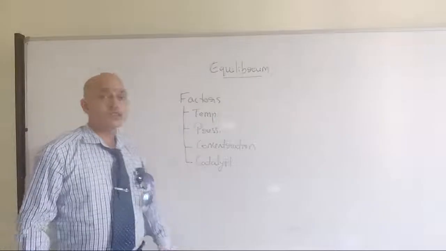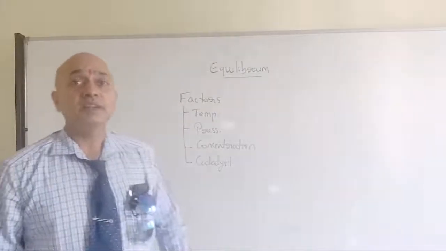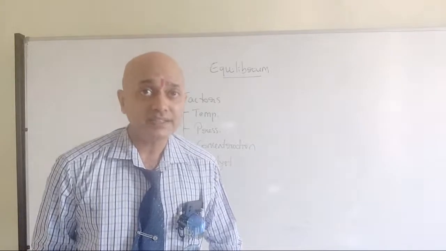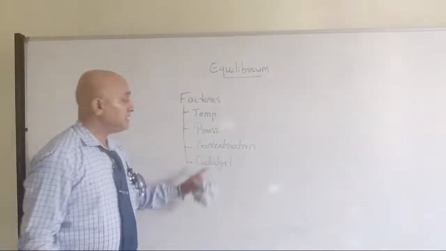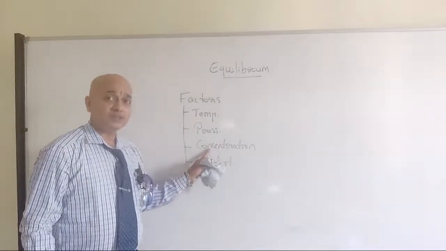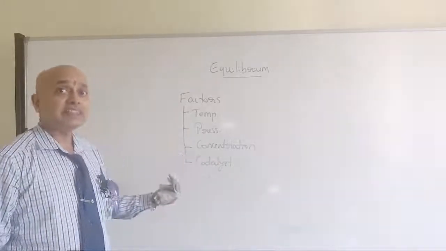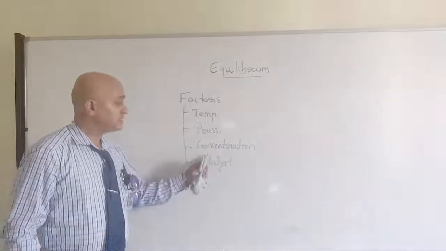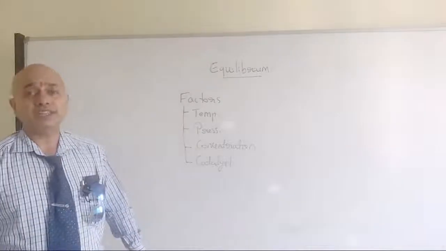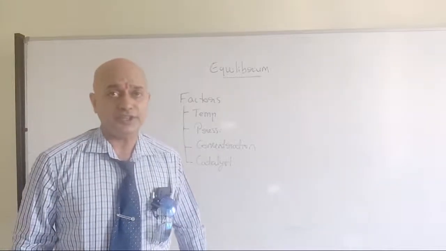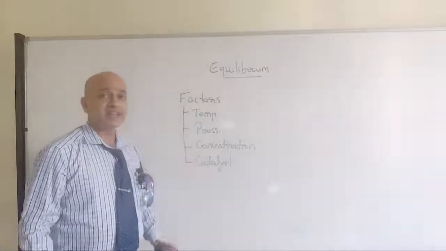Now when it comes to concentration, a reaction has taken place and has reached equilibrium. Now if you start adding the product, then once again the equilibrium will be disturbed and it will move in the leftward direction. That is the effect of concentration. Then finally we have the catalyst.